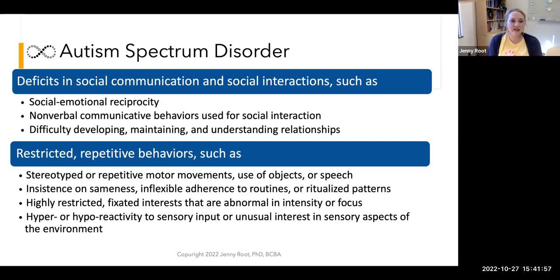And finally, it is related to hyper, so too much, or hypo, too little, reactivity to sensory input, or maybe an unusual or abnormal interest in the sensory aspects of the environment. So we're learning more and more about how individuals with autism experience the world, and their differences in sensory input.